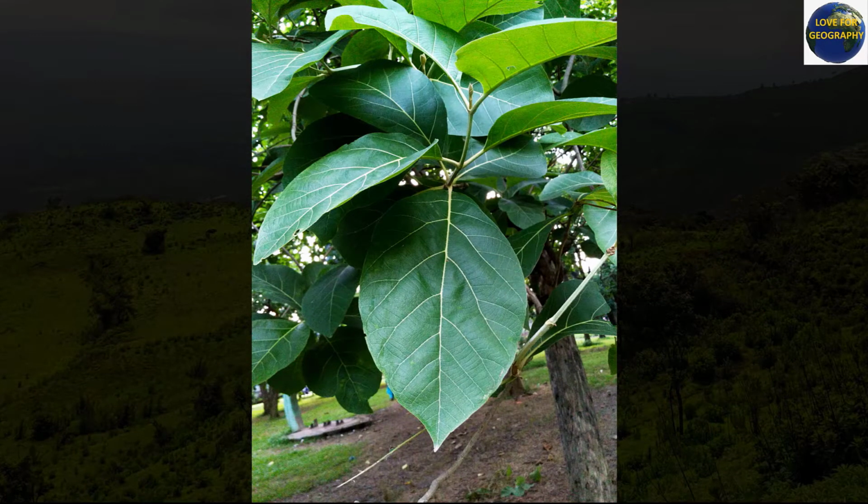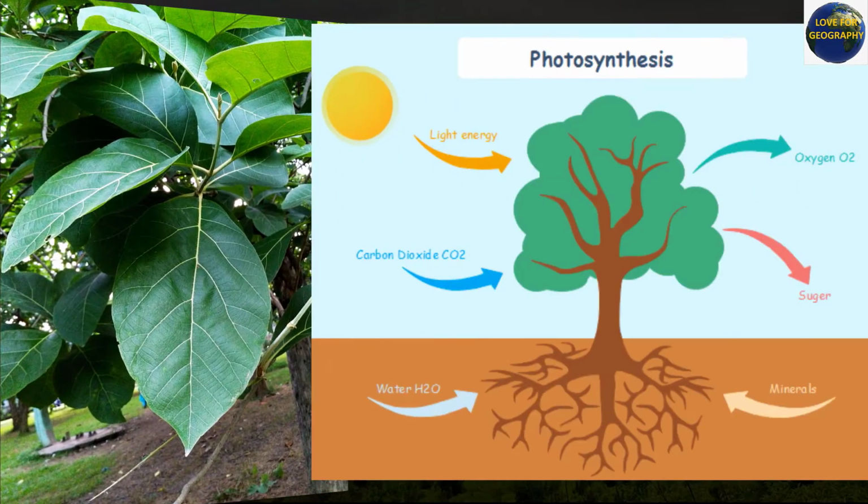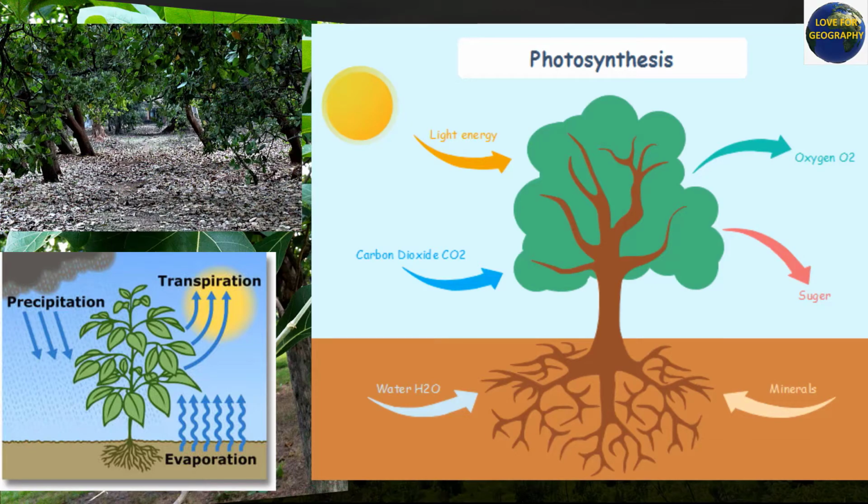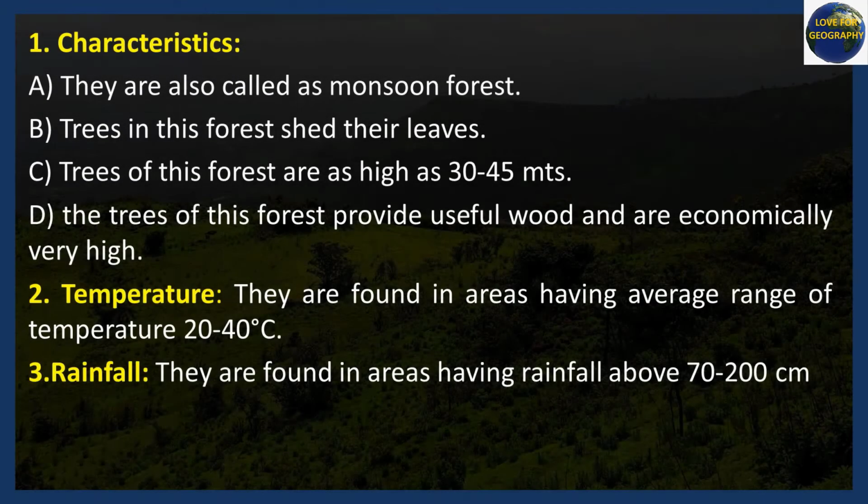The large leaves take the sunlight to photosynthesize food, and the excess water is removed through the leaves via transpiration. During dry seasons, when water is scarce, it becomes a necessity to conserve the water that is available. That's the reason leaves are shed off to limit transpiration. They spread over the regions which receive rainfall between 70 to 200 centimeter.